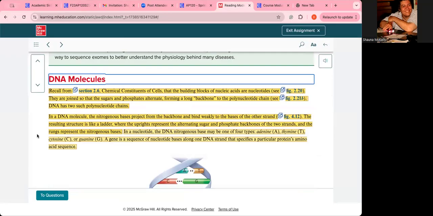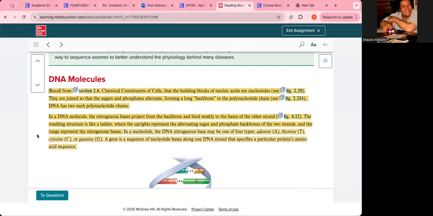So, in a DNA molecule, the nitrogenous bases project from the backbone and bind weakly to the bases of the other strand.